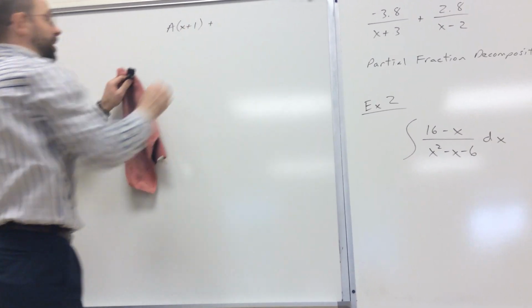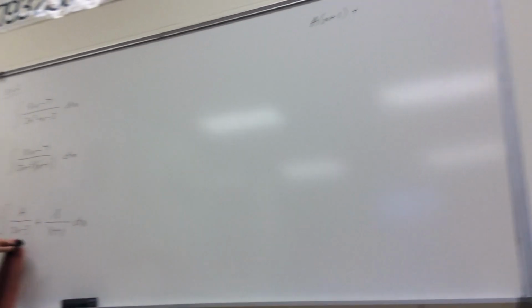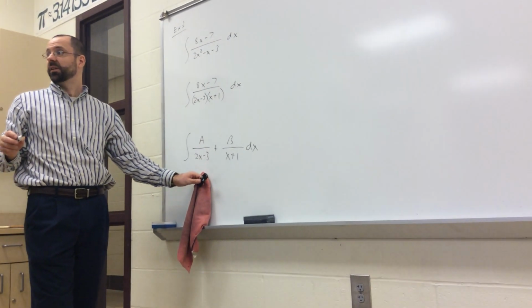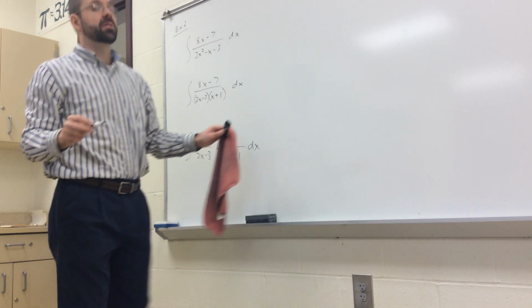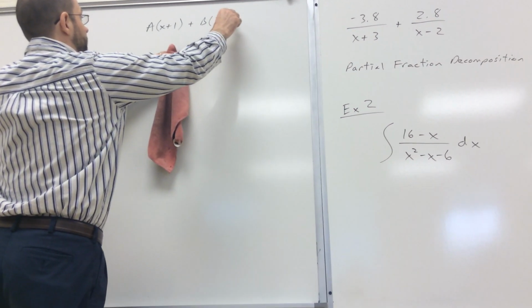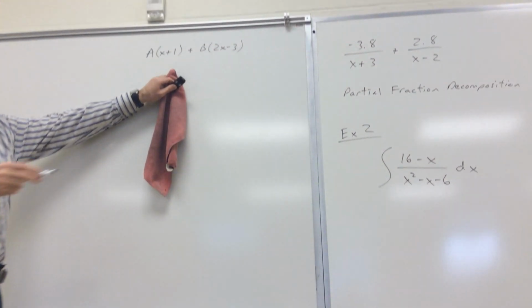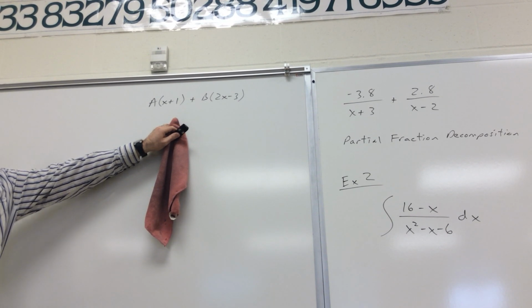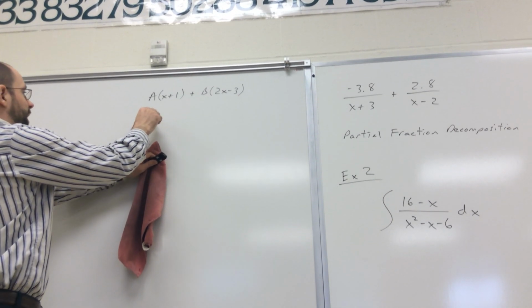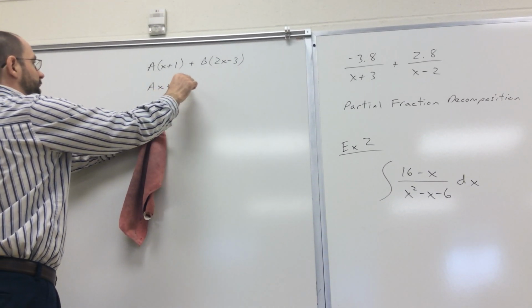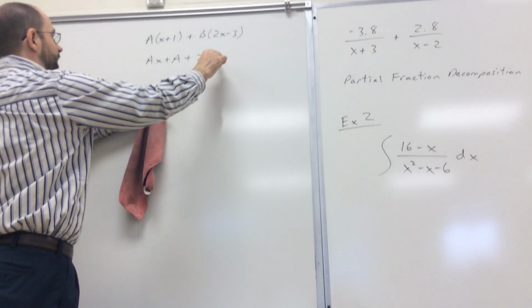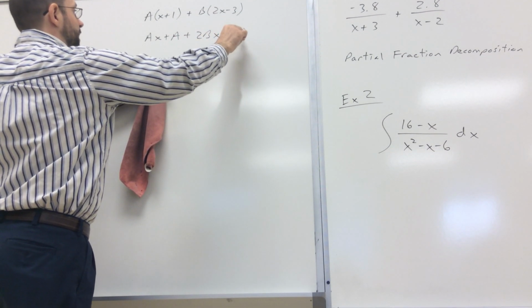And then the second fraction would need to be multiplied by 2x minus 3 over 2x minus 3. So that would be plus B times 2x minus 3. So if we added them, the numerator would end up being Ax plus A plus 2Bx minus 3B.